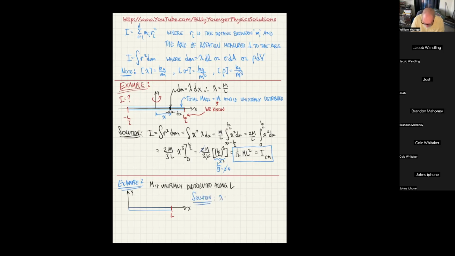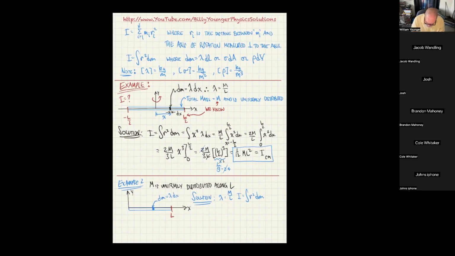Lambda is equal to M over L again, and I is equal to the integral of R squared dm. And what I'm going to do is take a little differential mass element right here. I'm going to say that dm is equal to lambda dx again.